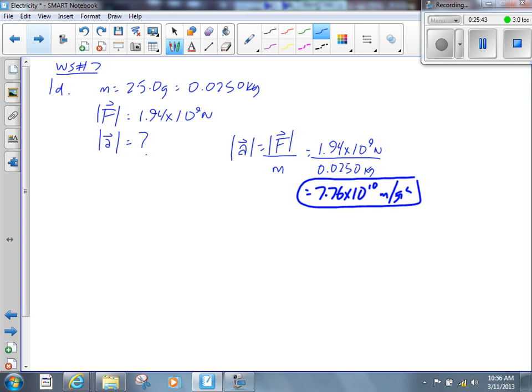So is there a problem with this? If the fastest speed that anything can go is 3 times 10 to the 8 meters per second, must this be incorrect? There's no reason why this one has to be wrong. If you get a speed that's bigger than 3 times 10 to the 8, you're wrong. Try it again. But there's no reason why this one has to be wrong based on the value of it.